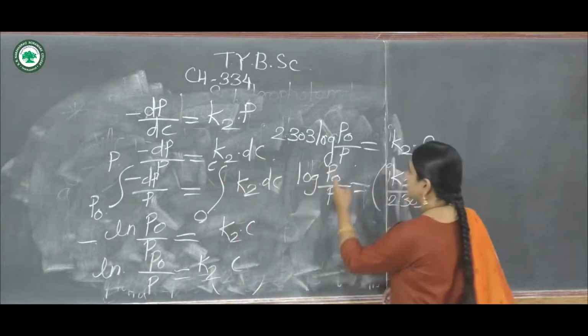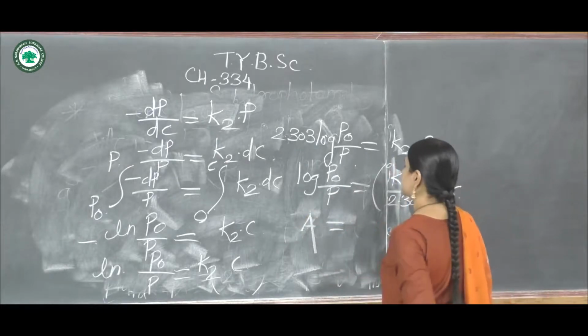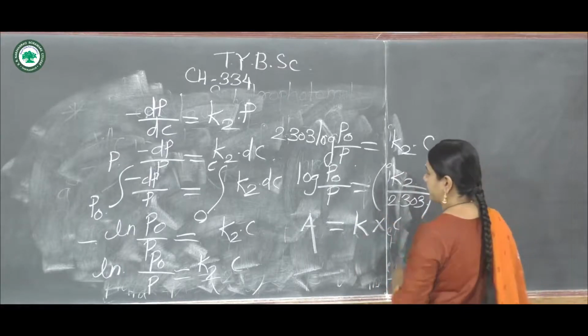So you can write log of P0 upon P, which is the absorbance A, equal to again a constant K into C.